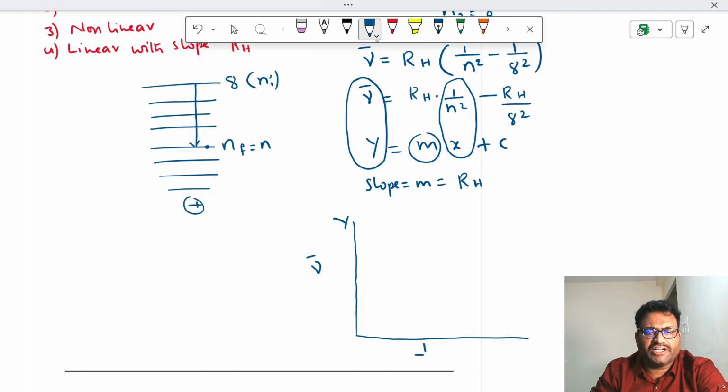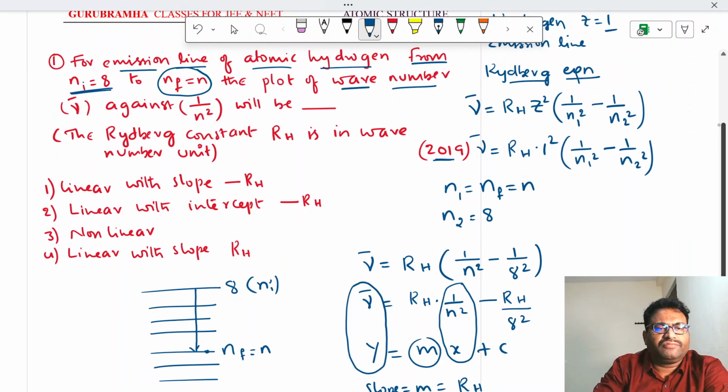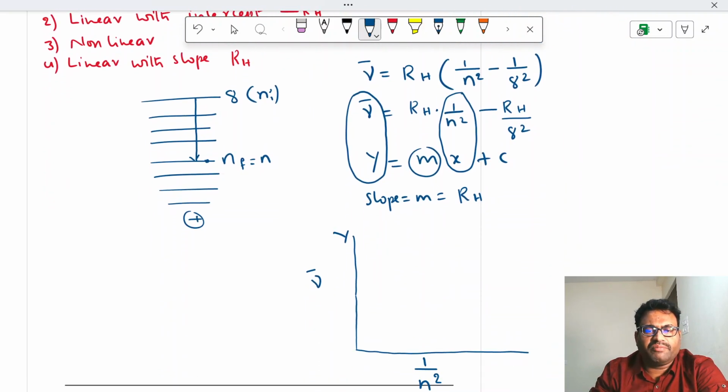On the x-axis, what is taken? 1 by n square. See, you can see here. When the plot of wave number against 1 by n square is drawn, so we are plotting a graph between wave number and 1 by n square.